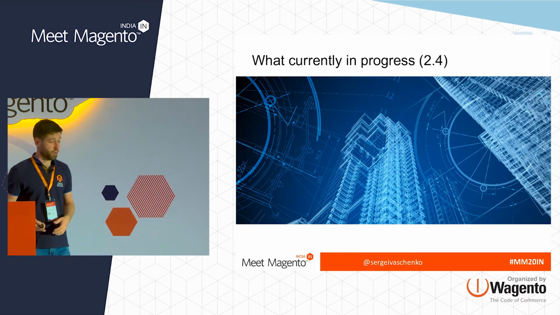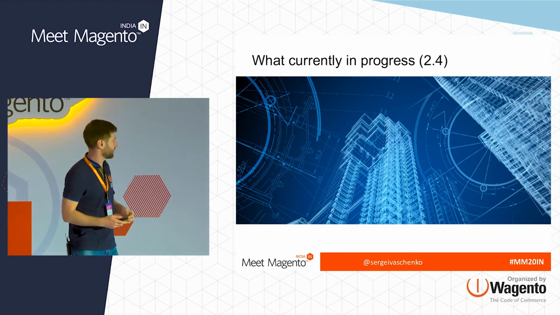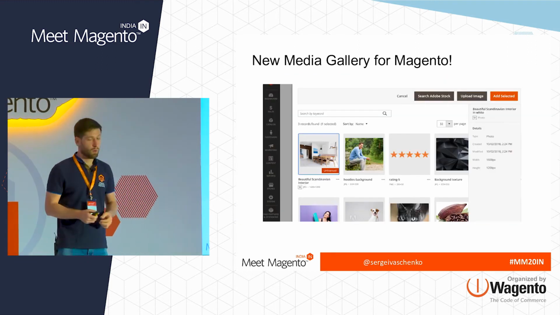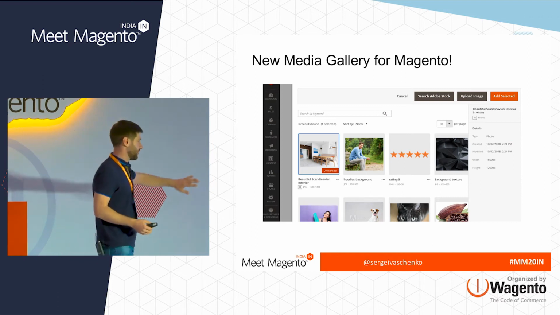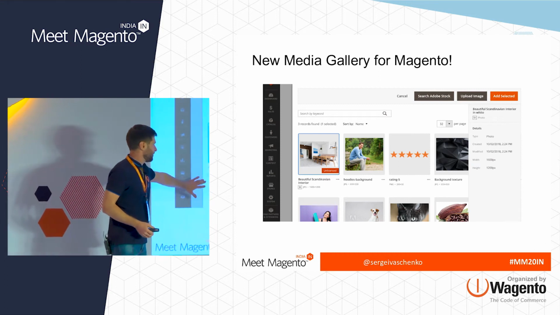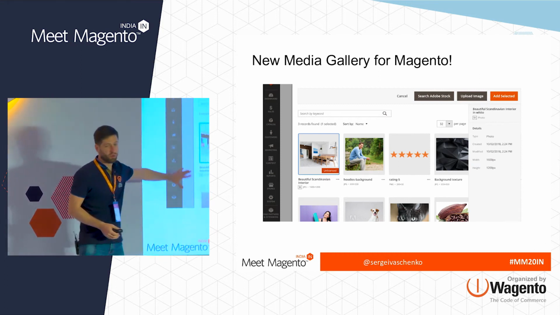So as part of Magento 2.4, and that will be Adobe Stock Integration 1.1, we are actually doing more work on the Magento side, improving the media gallery and introducing the interface that will look like this.